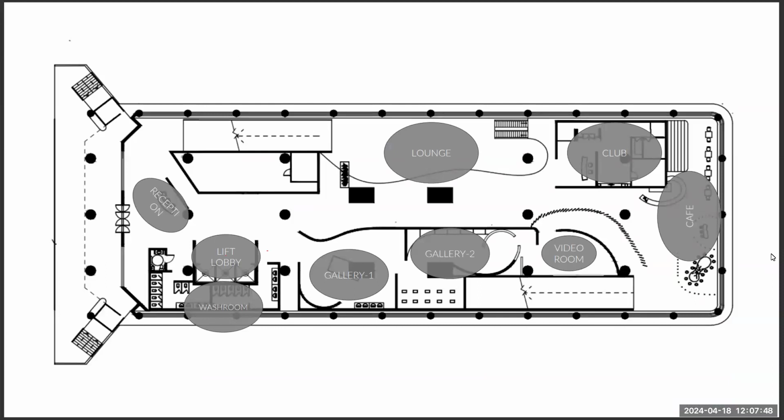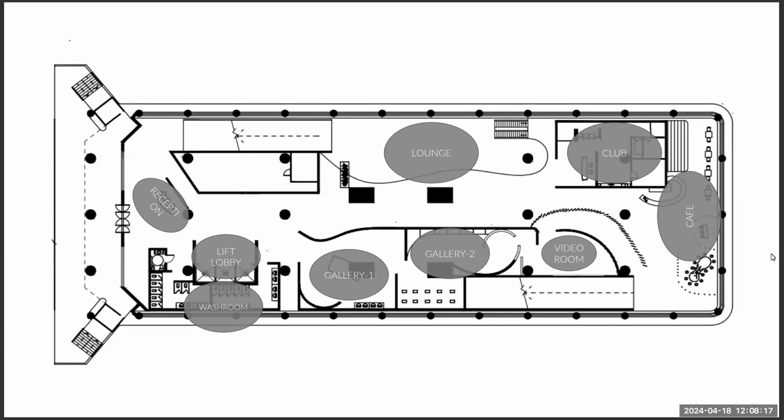The first one at the entrance is the reception, then two galleries and the video room, and I have a big lounge for people to rest, and a club for the volunteers here.